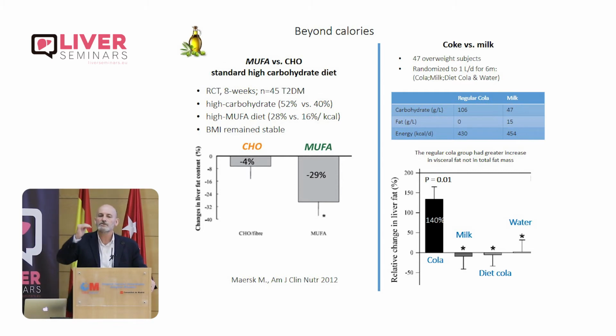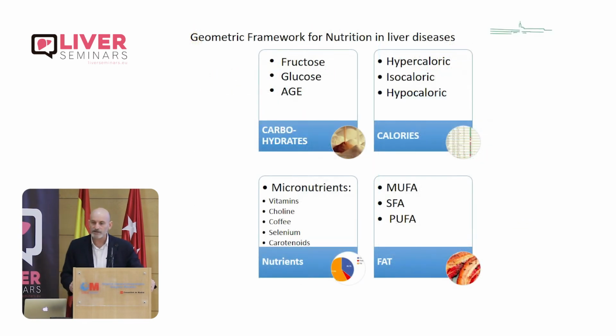Therefore, we need to move beyond the calorie, we need to keep in mind the micronutrients, and we need to separate protective versus aggressive micronutrients. Fructose, glucose, are elements that could promote the progression of the disease, saturated fatty acid against monounsaturated fatty acids, as in olive oil, or polyunsaturated fatty acids as in sunflower, but also micronutrients.